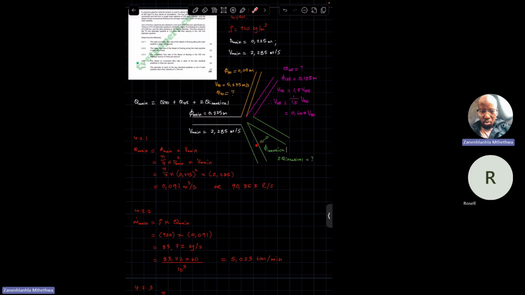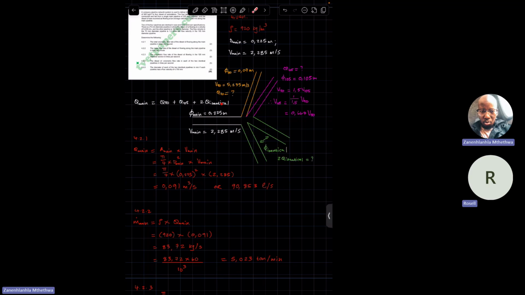So that is where this comes from. The Q main is equal to the sum of the flow rate in each of the four pipes. Do you get that part?